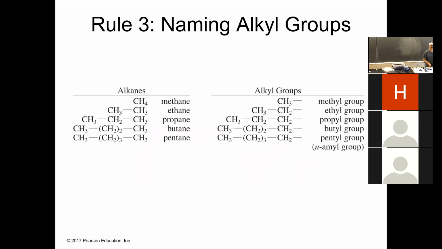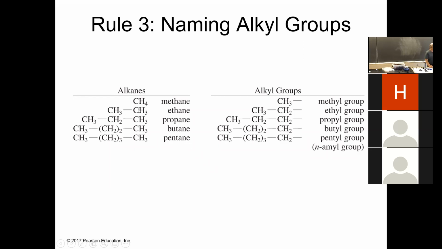Okay, so these are the common alkyl groups. If we remove a hydrogen from one of these alkanes, then we remove the suffix ane and then we add yl. So a CH3 is a methyl.